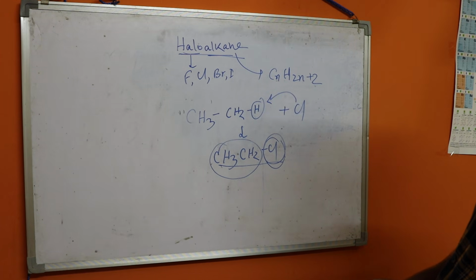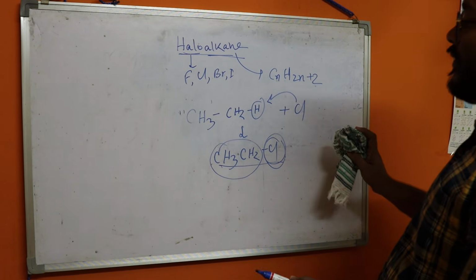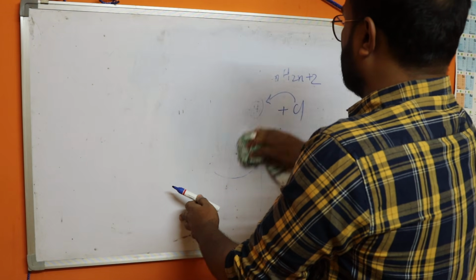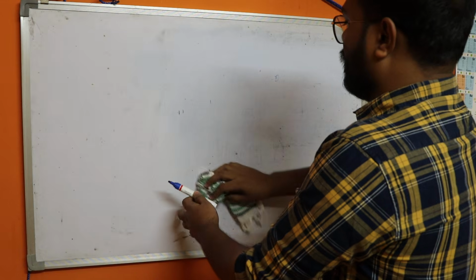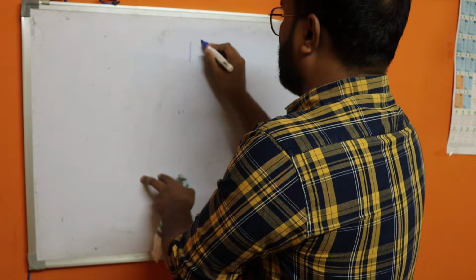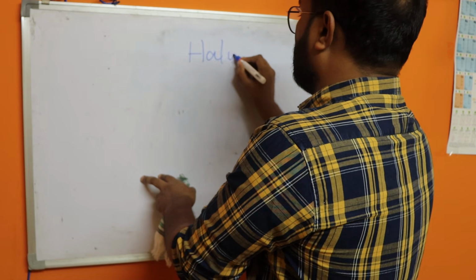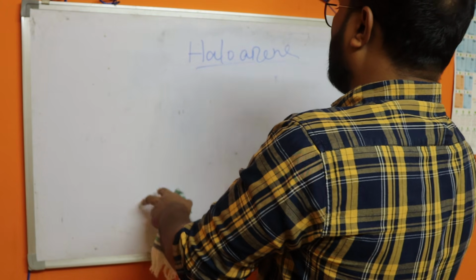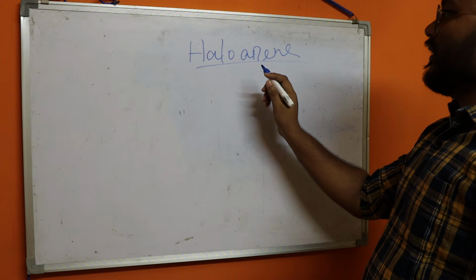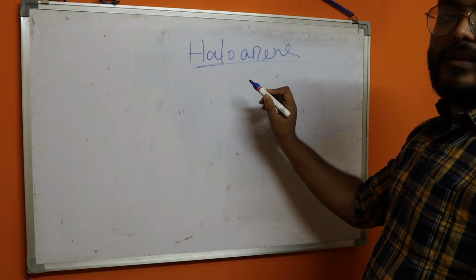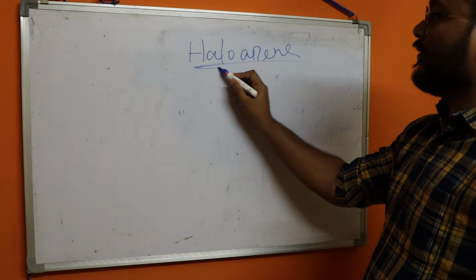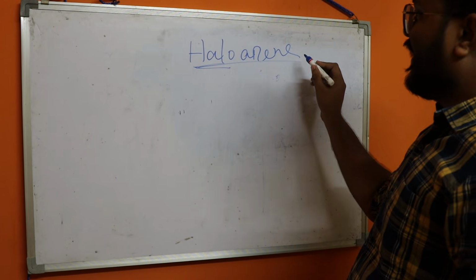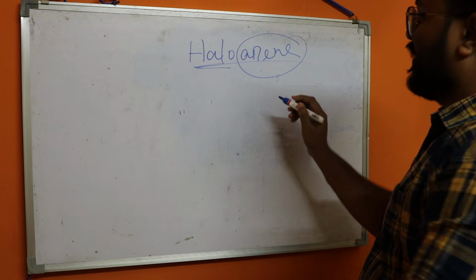So now we'll see what are called haloarenes, right? The common word between haloalkane and haloarene is halo, that means there should be some halogen atom, and arene stands for the aromatic ring.